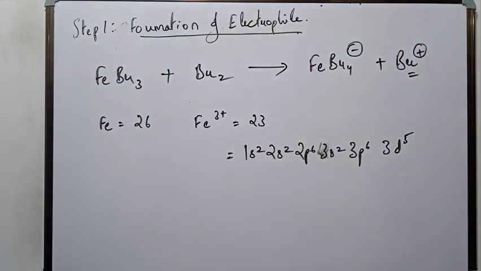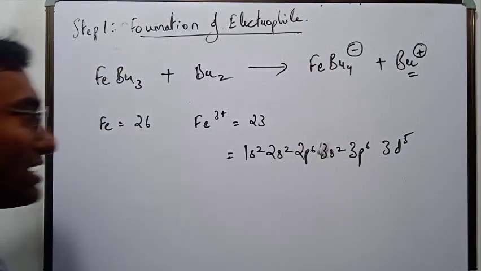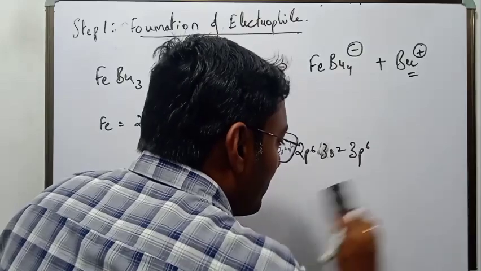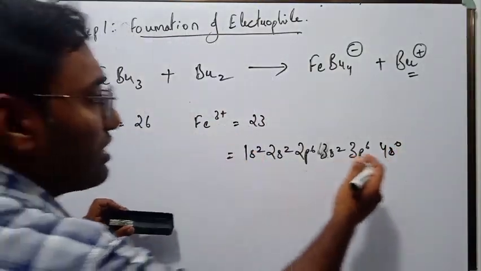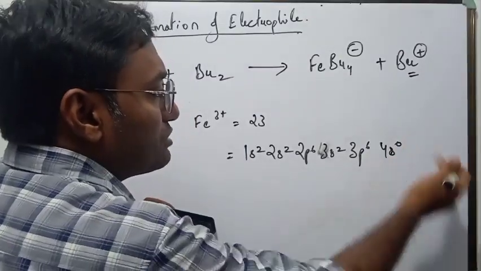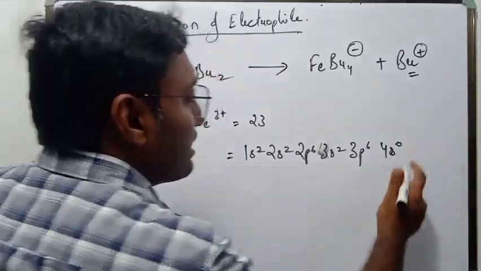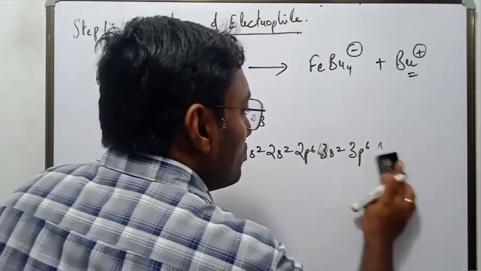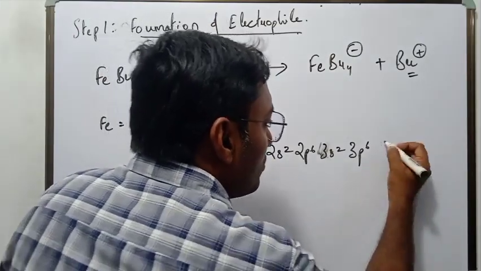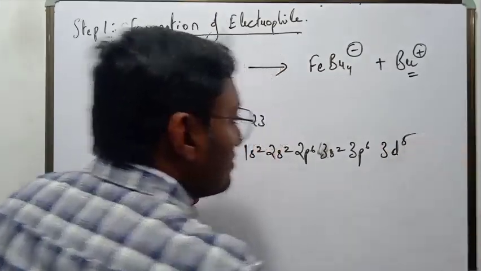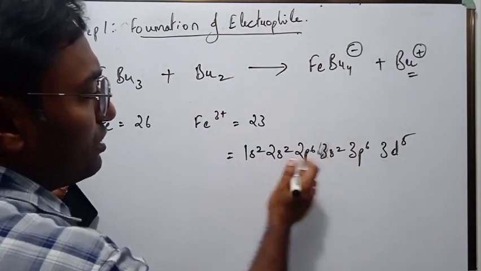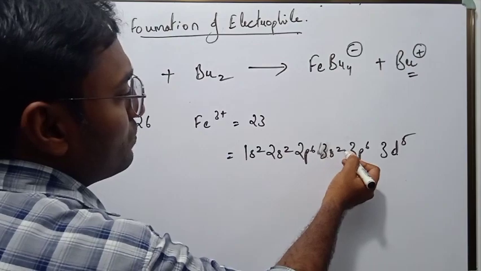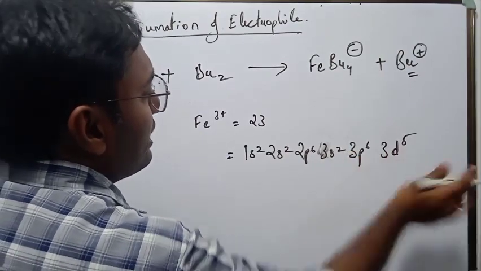There is 4s0 that comes above here, but in Fe3 plus, 2 electrons have been taken from the 4s orbital and 1 electron has been taken from the d orbital. So no need to write 4s0, just go for 3d5. Now you can see whether it is 23 or not. 2 plus 2 is 4, plus 6 is 10, 12, 12 plus 6 is 18, and 18 plus 5 is 23.